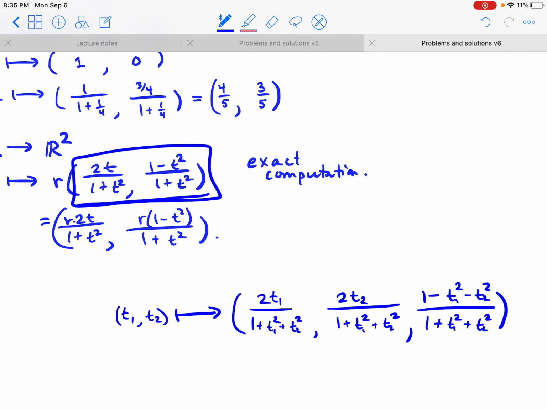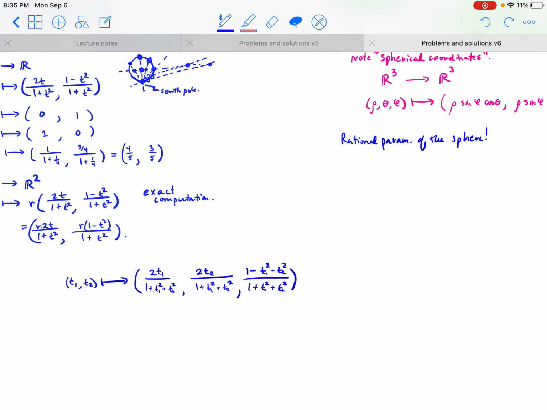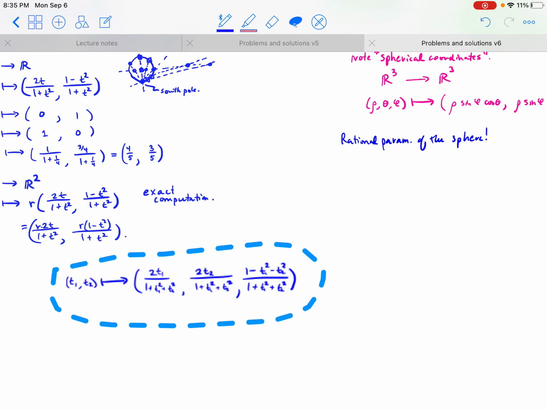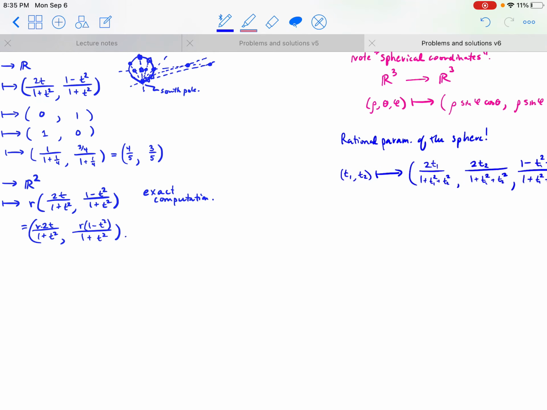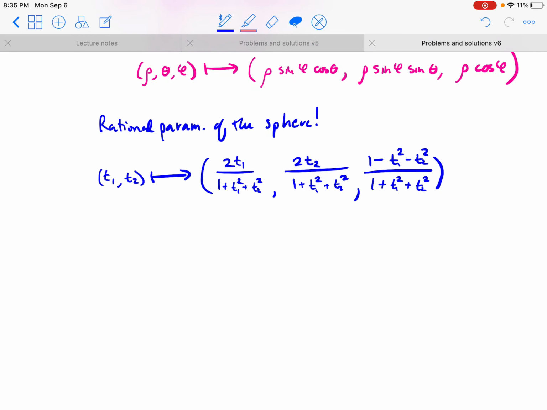These are three rational functions. You can see they're pretty straightforward generalization of this. And later we will talk about the geometry that gives rise to them. But for now, this is our map.